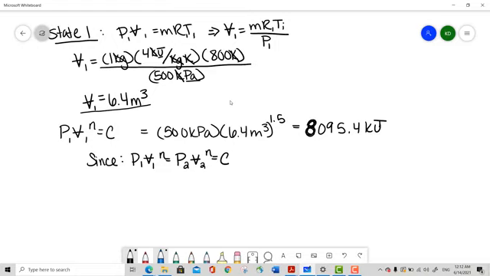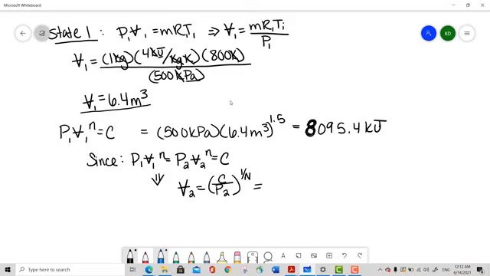Okay, so let's drop down. All right, so we need to get it in the right order so that we're solving for volume at state 2. And then 1 over n.